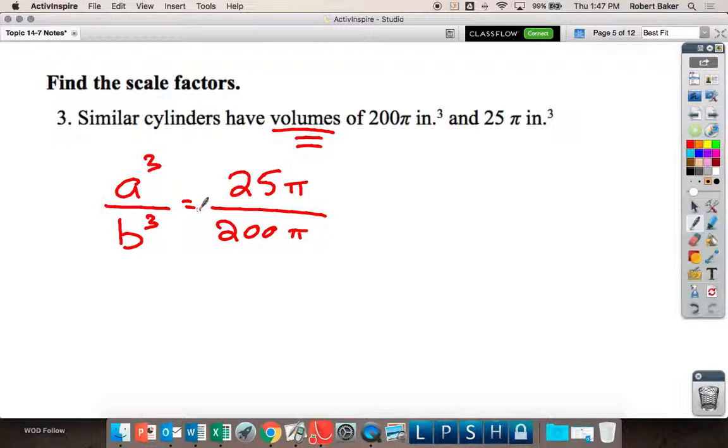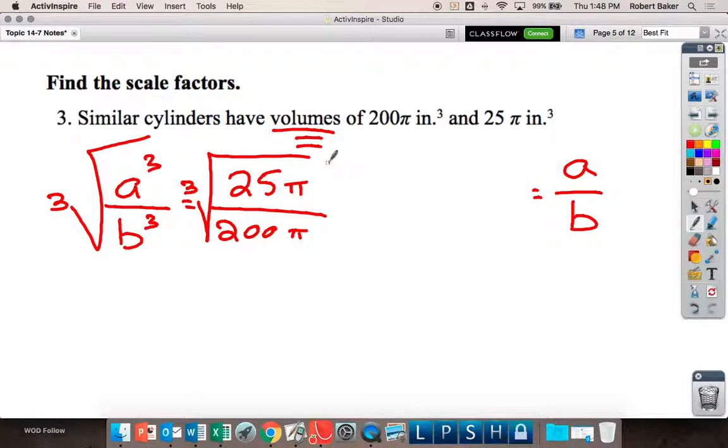I want a scale factor, and a scale factor is just A over B. Everything has to go from the scale factor forward. So how do I undo cubed? Cube root. So I have to do the cube root of this and the cube root of all of that.